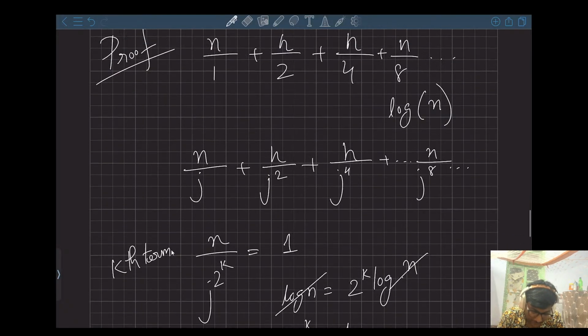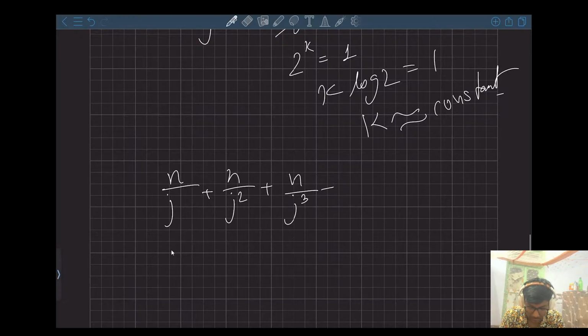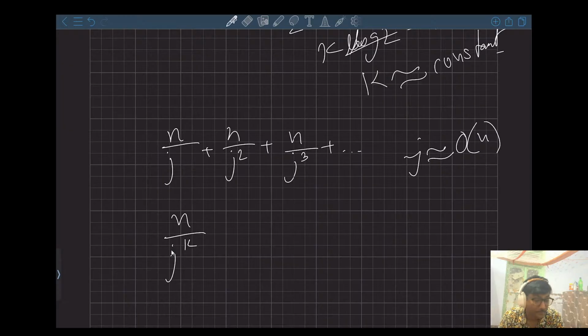Now let's take the exact case that n by j plus n by j square plus n by j cube plus dot dot dot. In this case, the nth term is n by j to the power k, right? So j I will assume as order of n only.